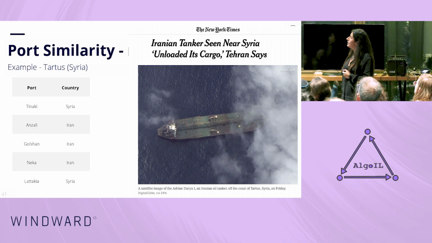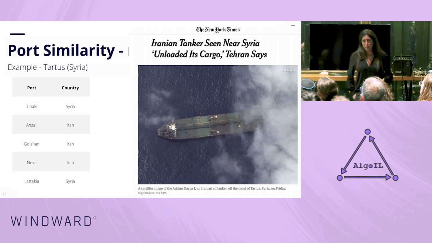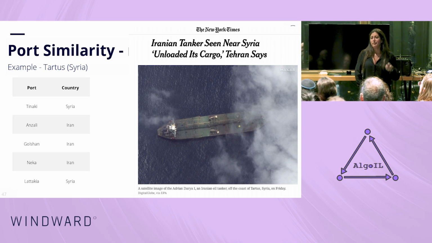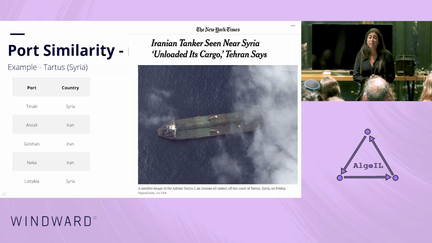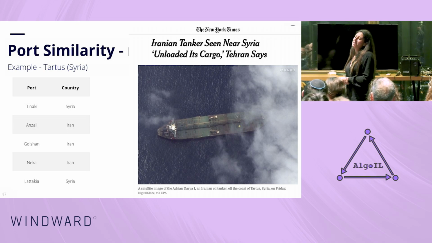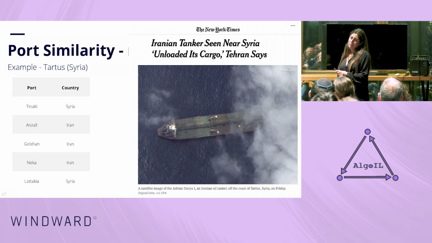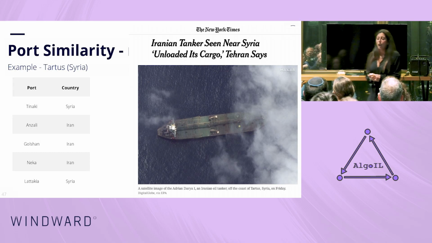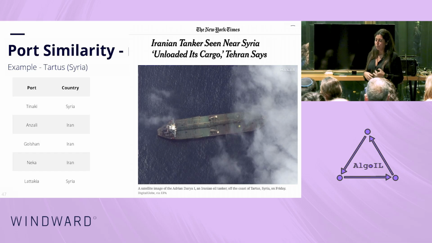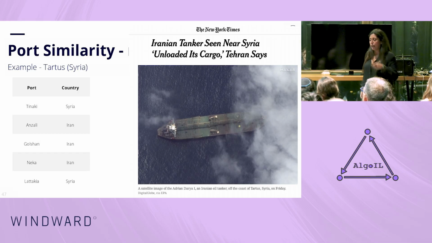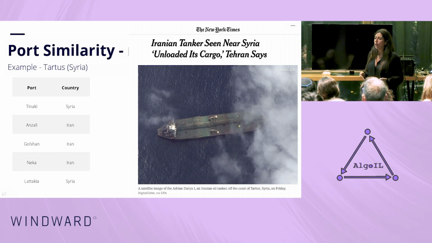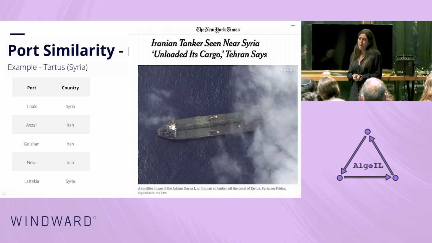And here we see that something weird happens to this vessel in Gibraltar. I don't know if you remember in the news, but in July, there was one Iranian tanker that was arrested by the European Union because they wanted to deliver oil to Syria in spite of American sanctions on Syria.